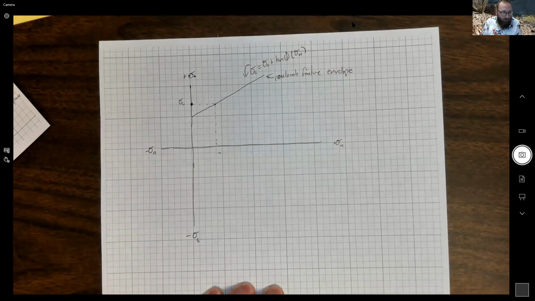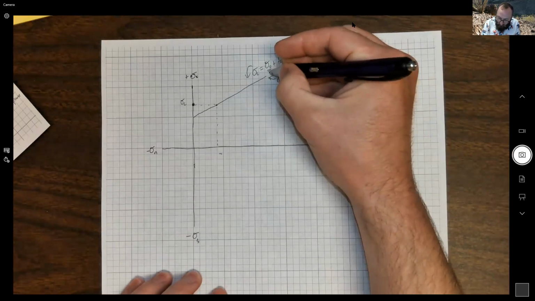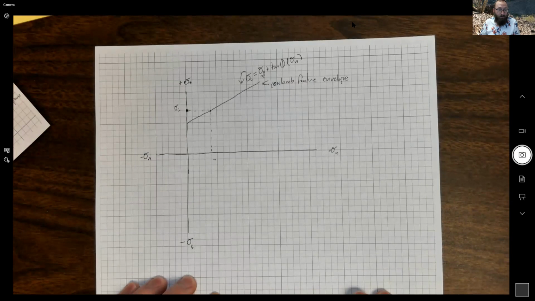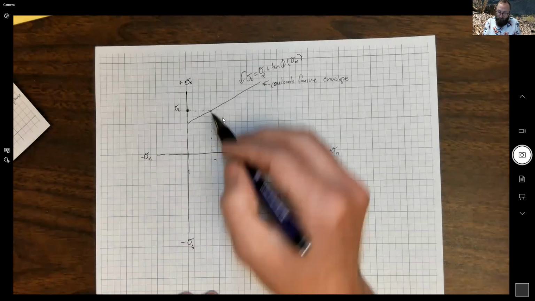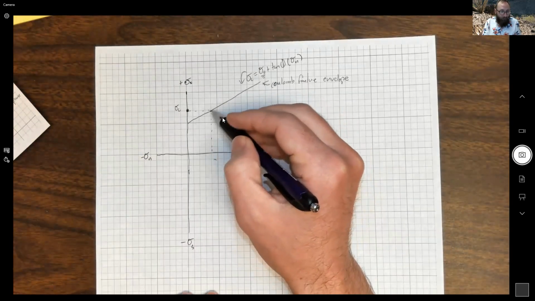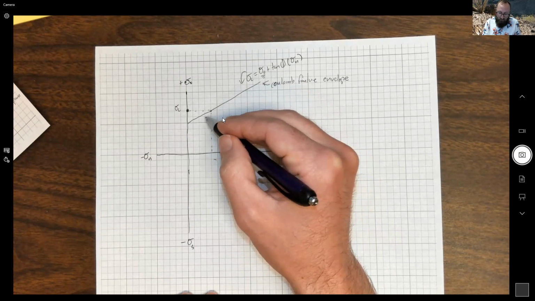For unfaulted rock, we saw that part of the total magnitude of the critical shear stress required for failure is the cohesive strength, this term up here. That means the unbroken, fresh, unfaulted rock has some internal strength that we have to overcome before we can form a fracture upon which to frictionally slide. So when we look at the failure envelope, this line doesn't return to the origin of the diagram.